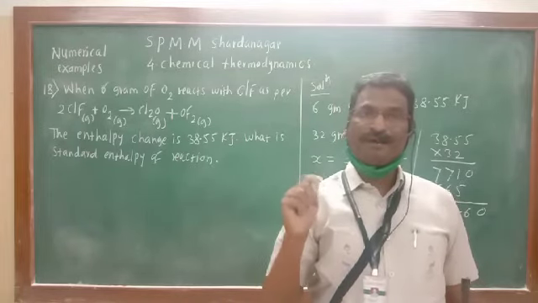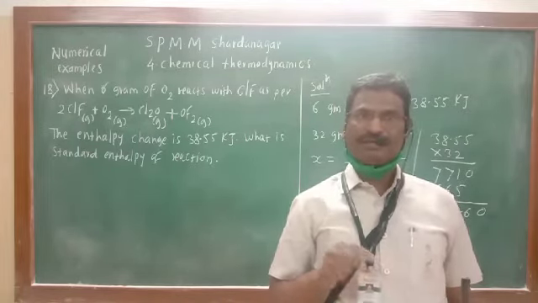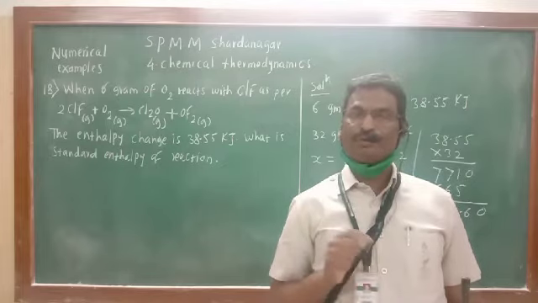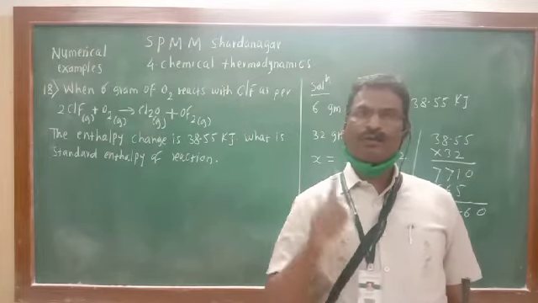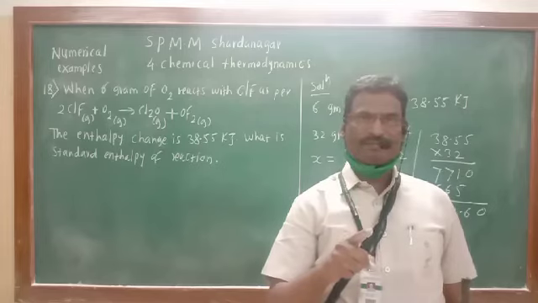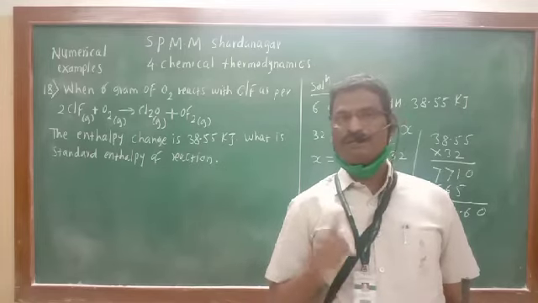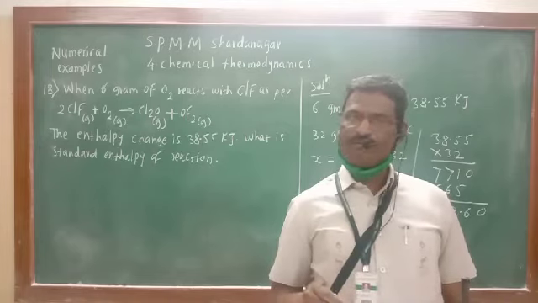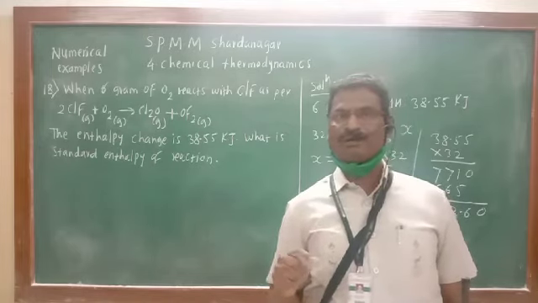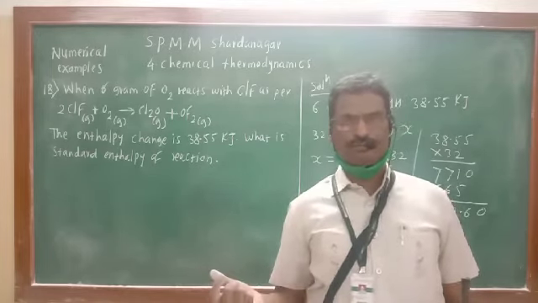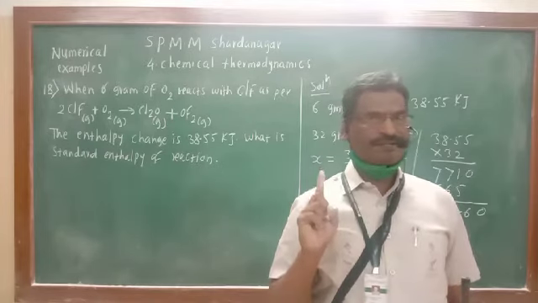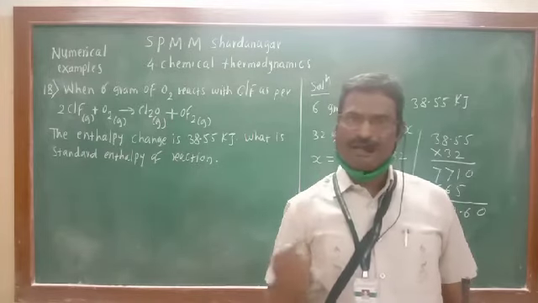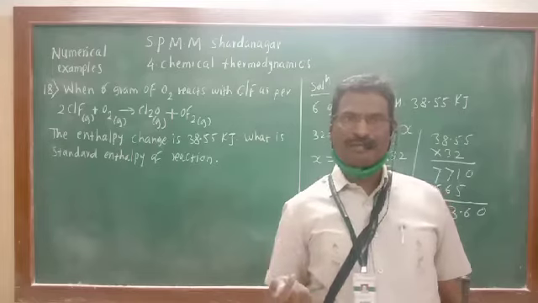What is enthalpy of combustion? That is the enthalpy change whenever 1 mole of substance undergoes combustion in presence of excess of oxygen to form stable oxidation products, CO2 and H2O. Only 1 mole of a substance we have to use. Similarly, what is enthalpy of formation?